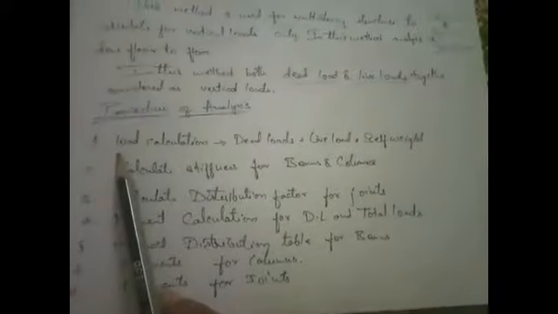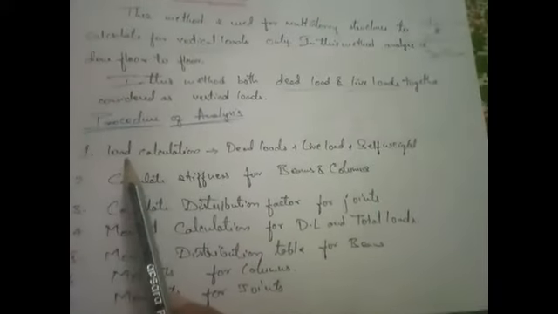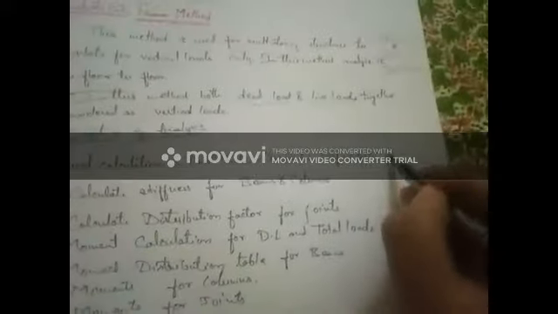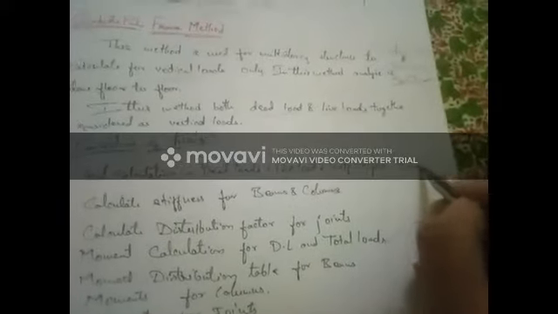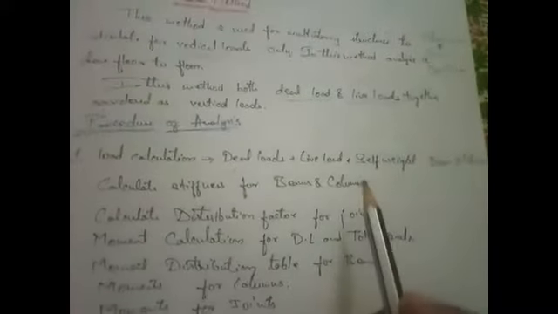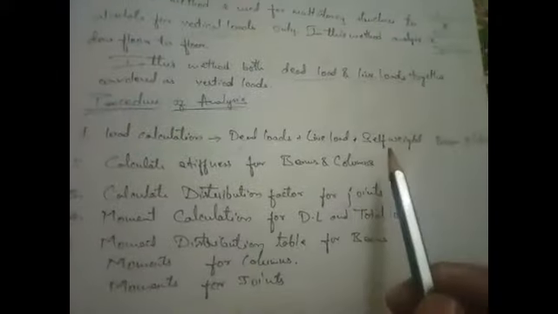Going into the process of analysis, first we are supposed to calculate the loads based on the beams and columns where the loads are acting. We calculate those as dead loads and live loads, and self weight as well, because self weight is not given.